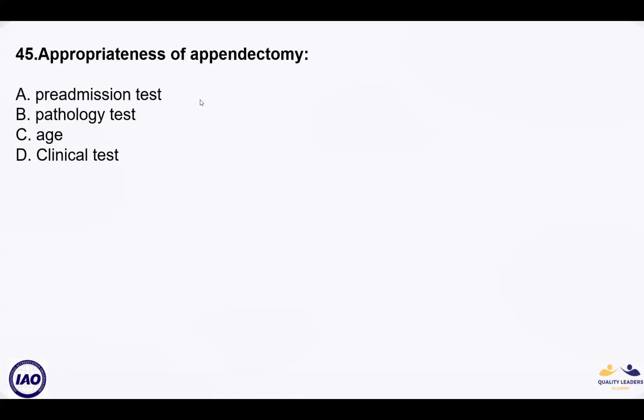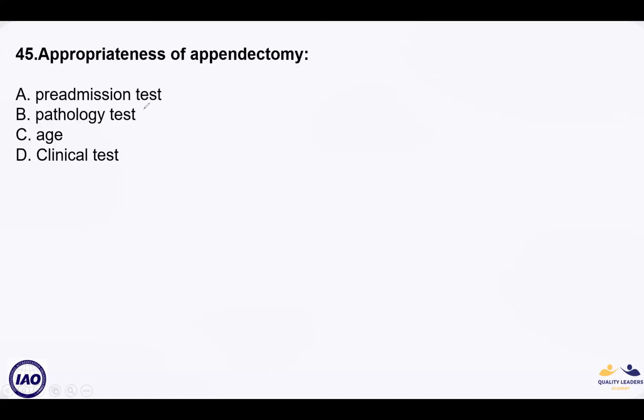Whether it is pre-admission test, whether it's a pathology test, whether it's age or the clinical test, how will you determine whether the appendectomy was appropriate for a patient or not? Okay, so think about it. Pre-admission test, it supports the pre-operative diagnosis, but this is not foolproof. Pre-admission tests show why the surgeon thought appendectomy was needed, but it does not prove that it was actually necessary in a retrospective manner.